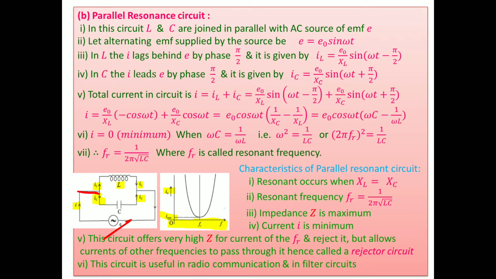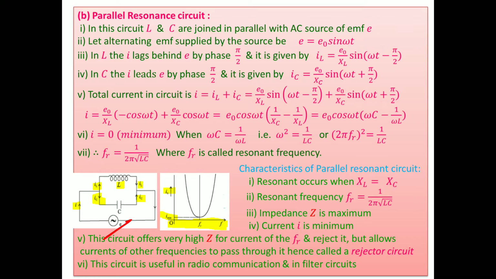As we know, in an inductive circuit the current lags behind the EMF by pi by 2 phase, and in a capacitive circuit the current leads the EMF by pi by 2 phase. As the phase of the EMF is omega t, in the inductive circuit the current lags, so IL is E naught upon XL sin omega t minus pi by 2.